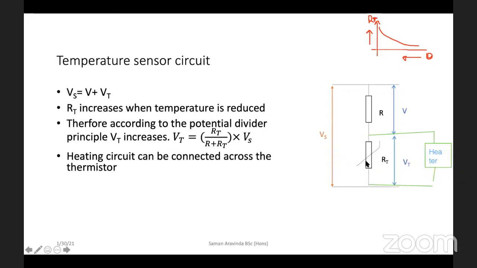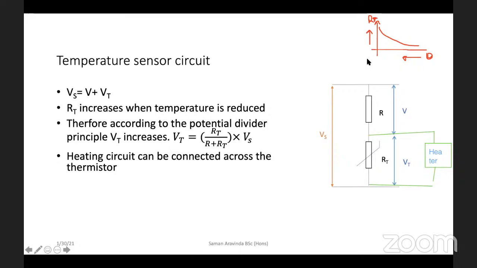So using the potential divider, I can distinguish at which voltage it works, and the triggering can be done. That's why we say sensing. It works according to the temperature. Am I clear?